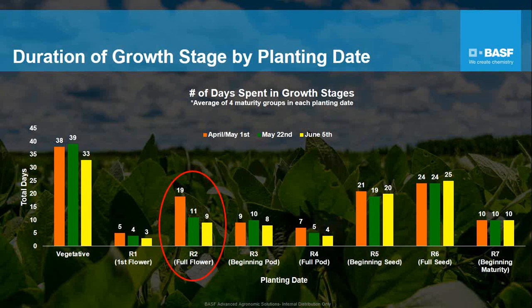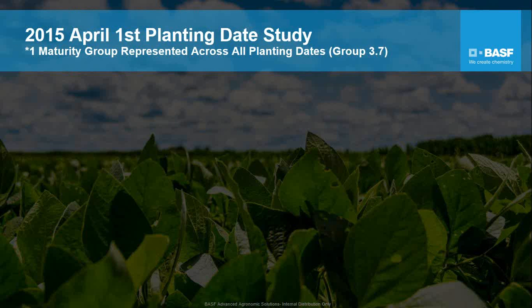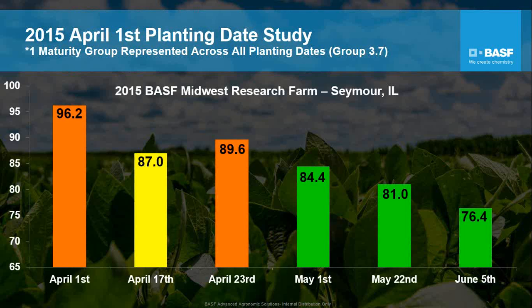The more nodes you have, the more podding sites you have for those soybean plants. So by getting more nodes, by spending more time in R2, we're actually putting more nodes on those plants. More nodes gives us more podding sites, more potential for yield. So a lot of information to be gathered from that particular work.